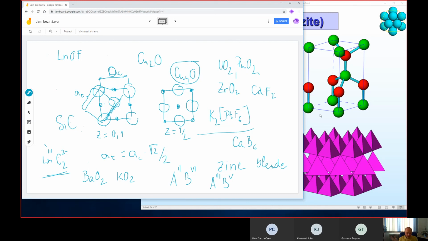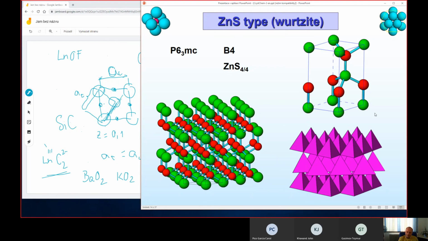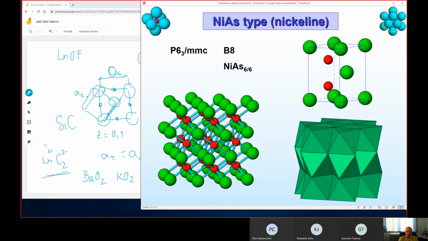This polymorphism is called polytypism, where the hexagonal and cubic patterns are stacked in an ordered manner along the c direction.